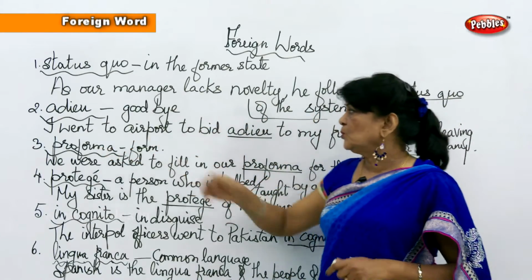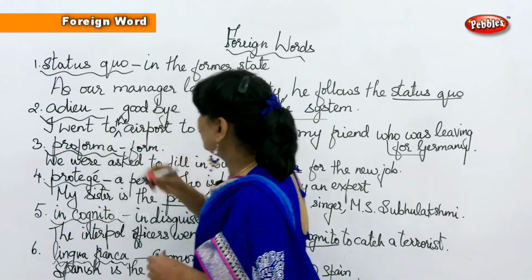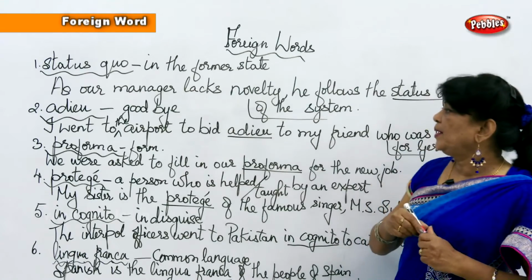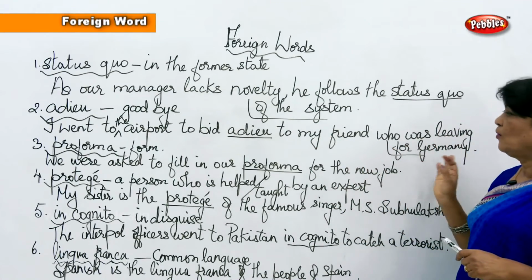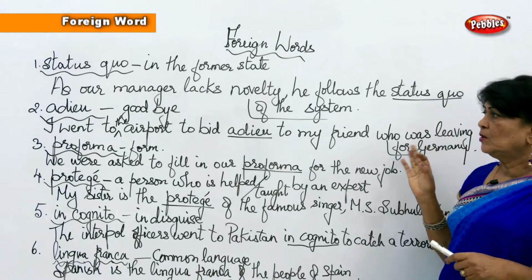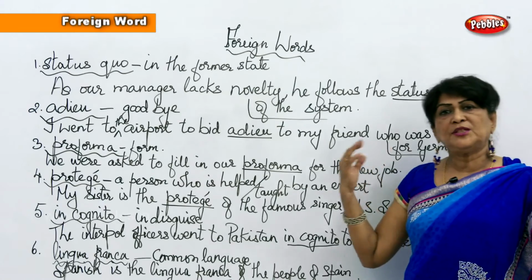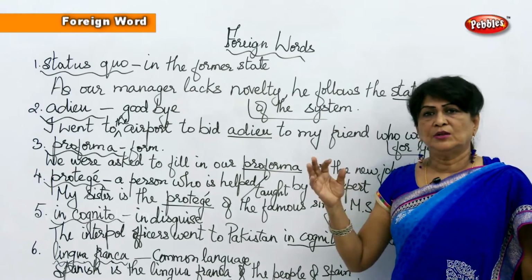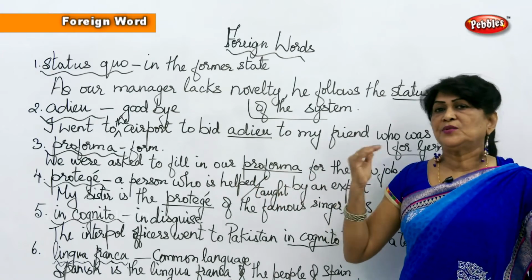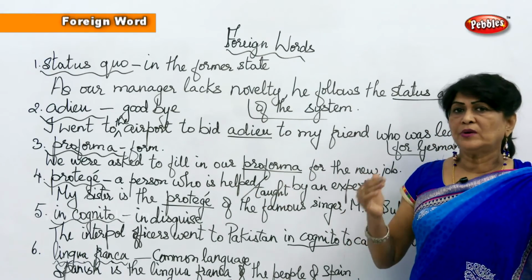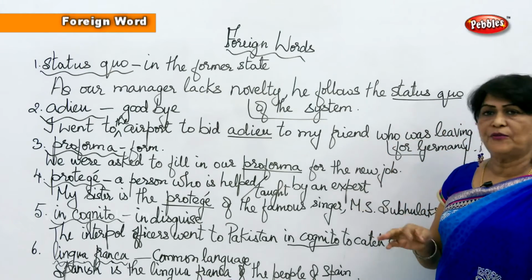I went to the airport to bid adieu to my friend who was leaving for Germany. So, she has gone to Germany, maybe she may not return for a long time, so you went to bid adieu. But if it is for a shorter time, it is au revoir.